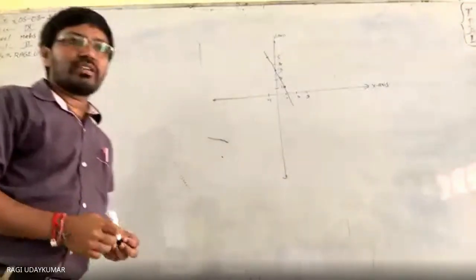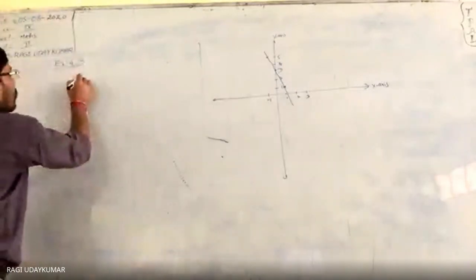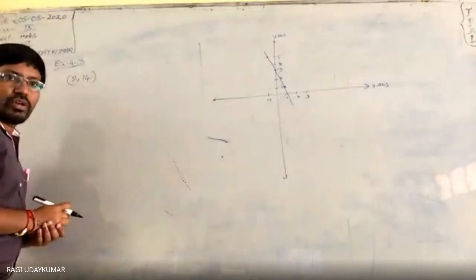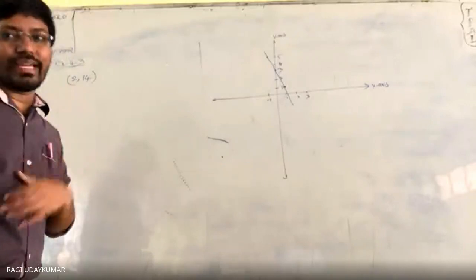Next, let us go to the second problem. So what is the second question given to you? Give the equations of the two lines passing through (2, 14). (2, 14) से जाने वाले two lines का equations. Give the equations of the two lines.